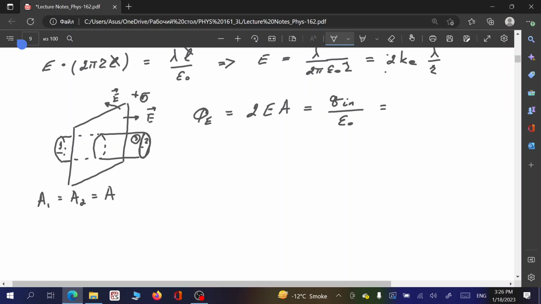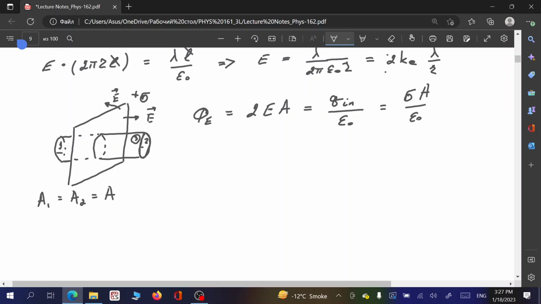We have a uniform surface density, sigma, multiplied by the area, and this area will be the same as the area of the base of the cylinder, because it doesn't change. So here we have sigma times area divided by epsilon naught.